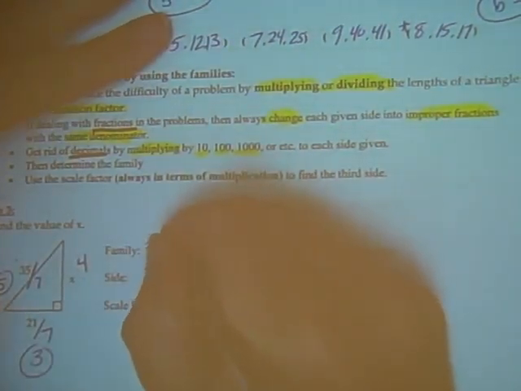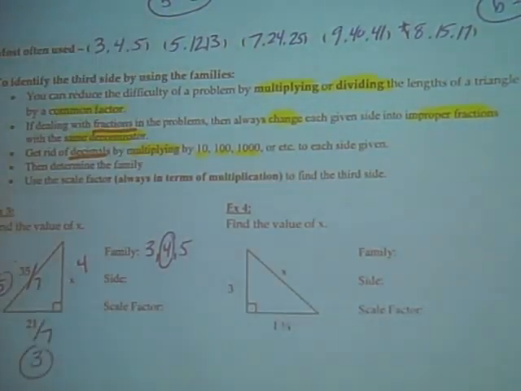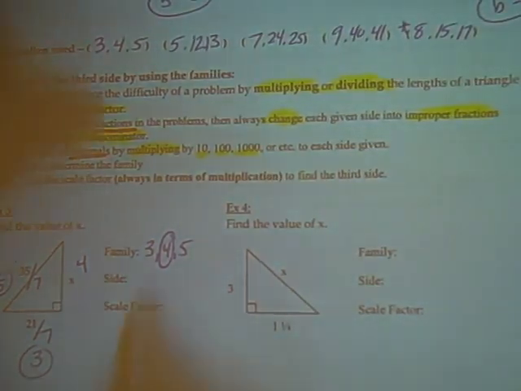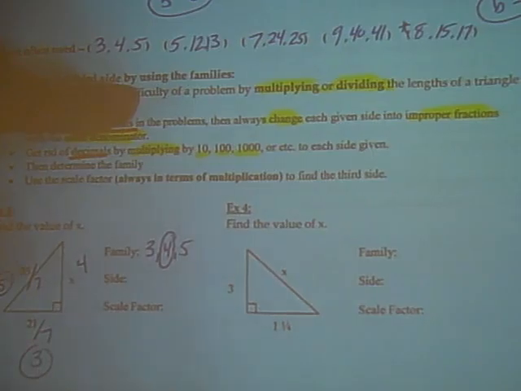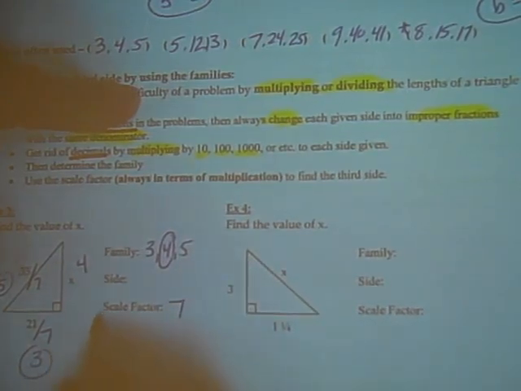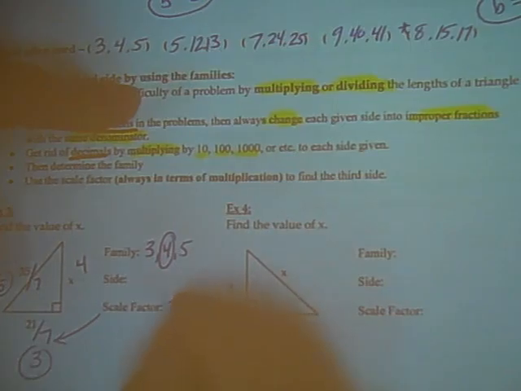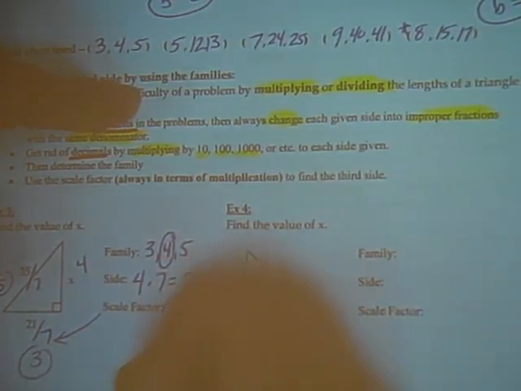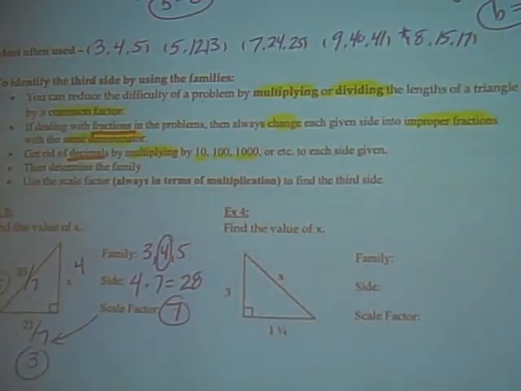I take the missing part, which is 4, and I multiply it by my scale factor, which is 7. This is how we found the scale factor. So 4 times 7 should get me my side. My missing side is 28.